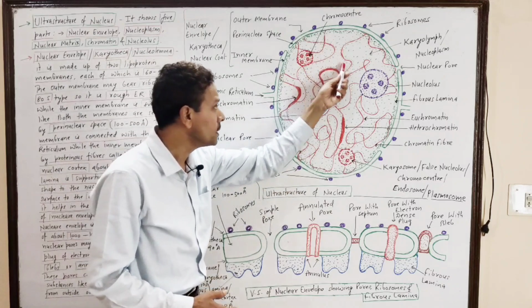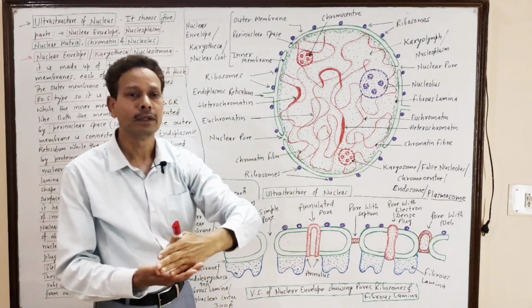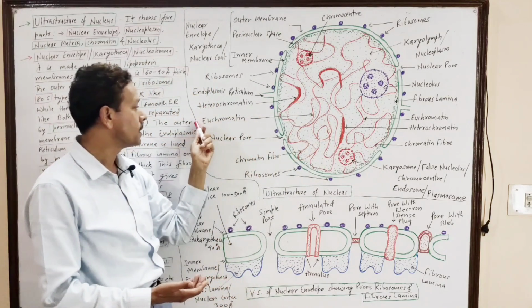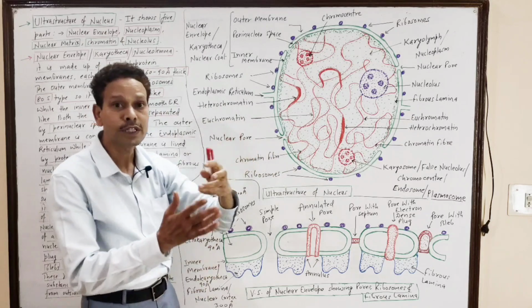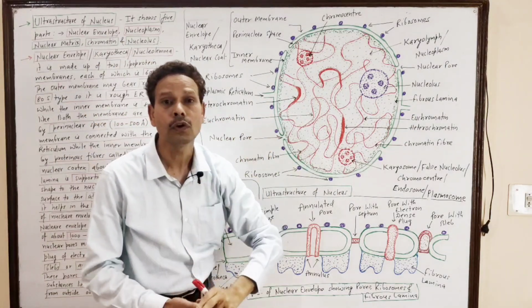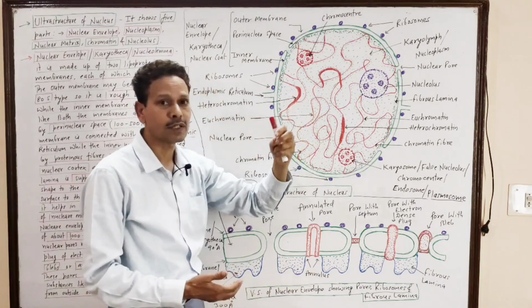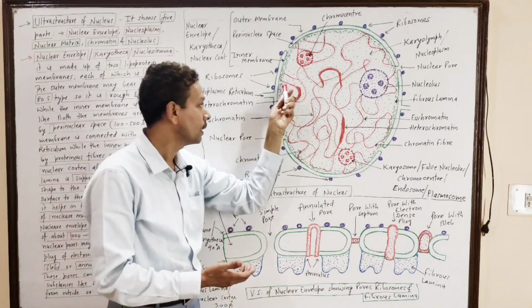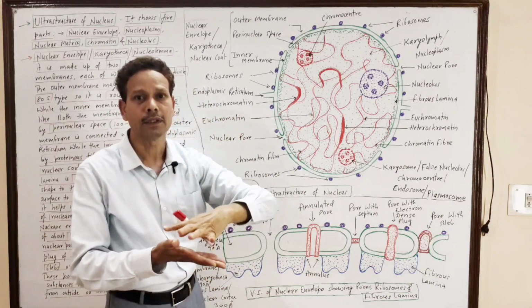Note down this entire network, this thread-like structure, that is chromatin, and this chromatin has two parts. This fibrous part, which is diffused, is called true chromatin, or euchromatin, and these thick, dense structures, in which the entire chromatin is packed.